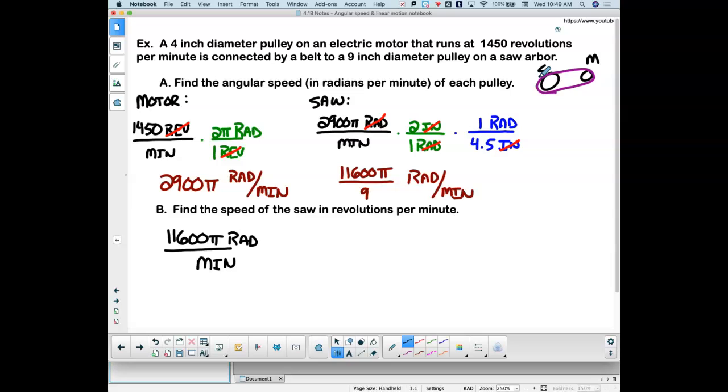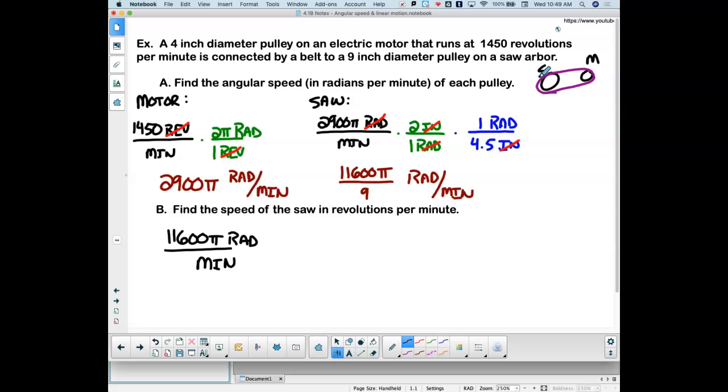That's linear speed because it's going a distance to the other pulley. So my motor is spinning at 2,900 pi radians per minute. We agreed with that, right? So I converted it first, in green, to inches per minute. That's a linear speed.